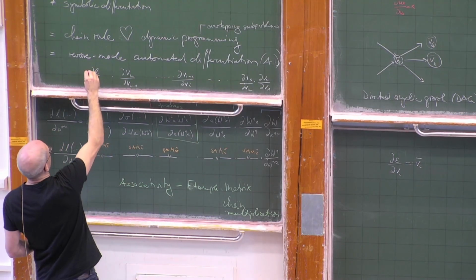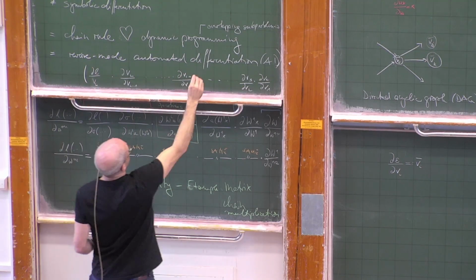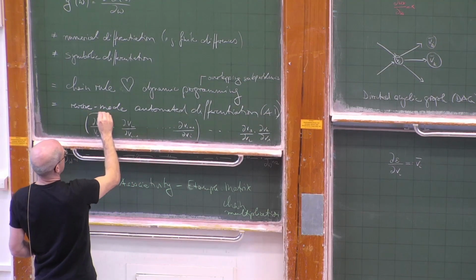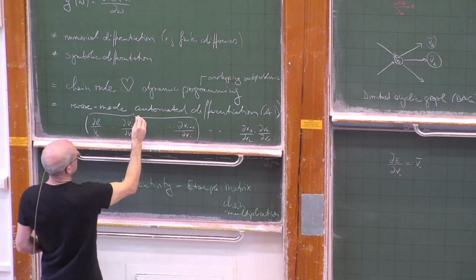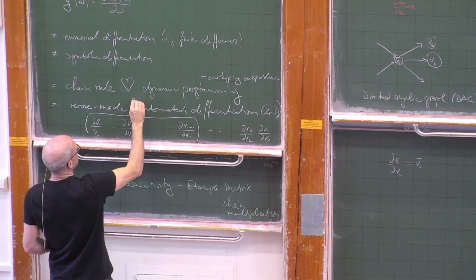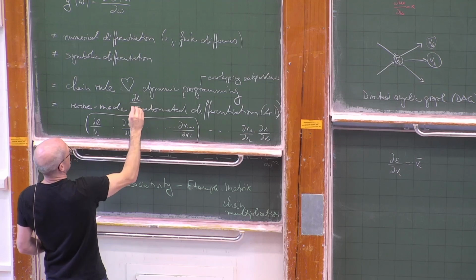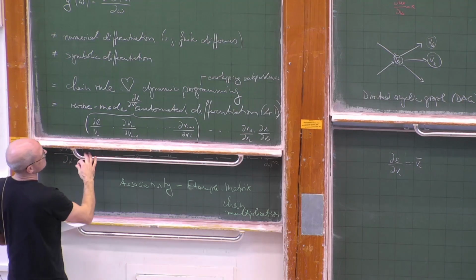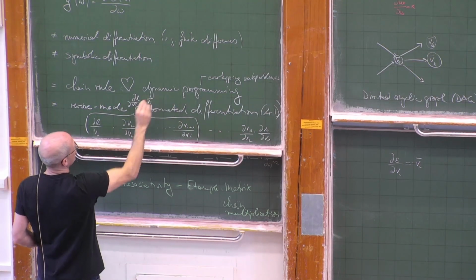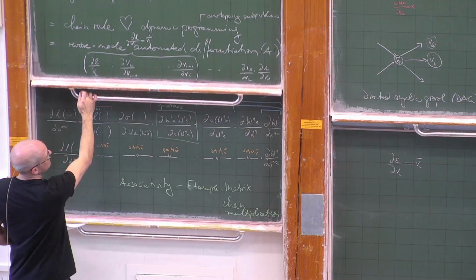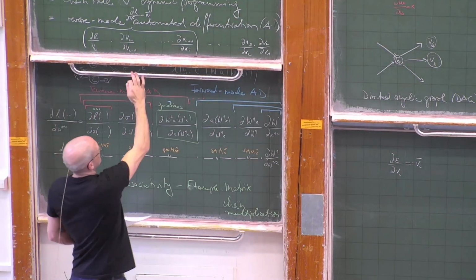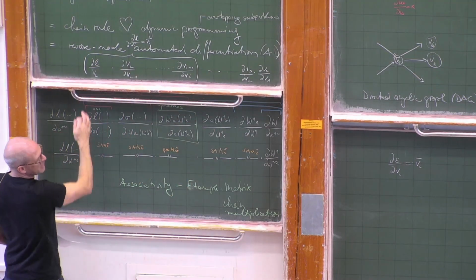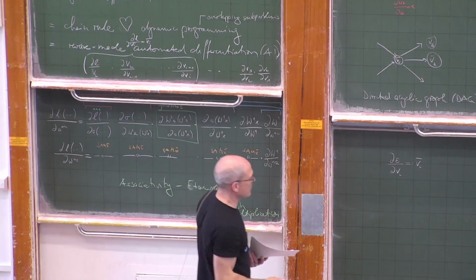And this entire thing here I can summarize as dL by dv_i, or v_i bar for short. Okay, so this is now the example we had previously for the multi-layer perceptron, written in this notation of various vertices.